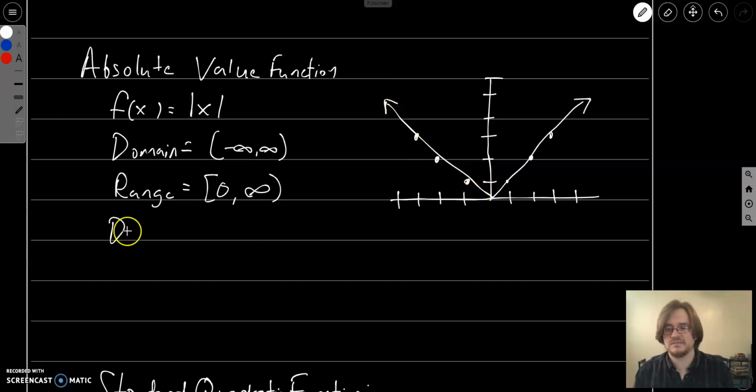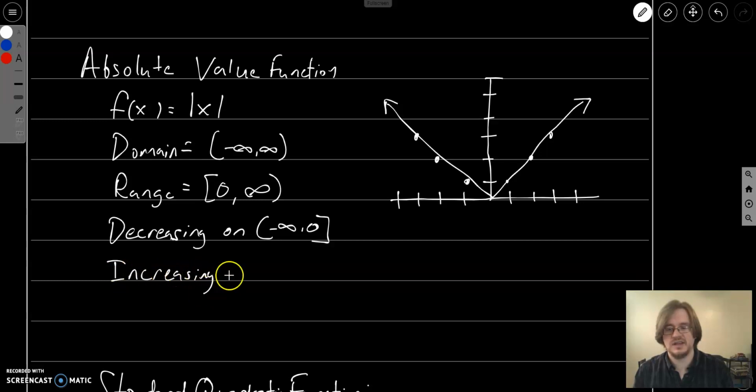It's going down. So this is decreasing all the way up to 0. But on the other side, it's increasing. So it's an increasing function from 0 to infinity. And this is also an even function. If we flip it across the y-axis, we get the same thing.